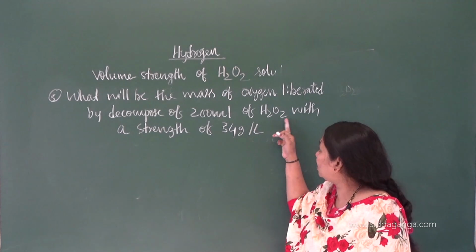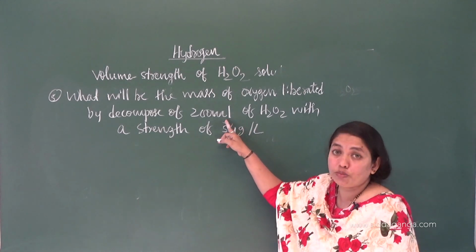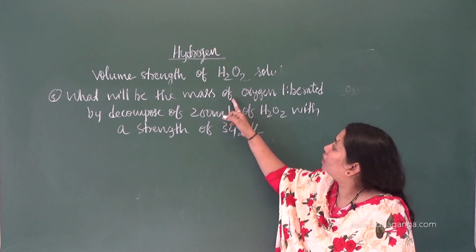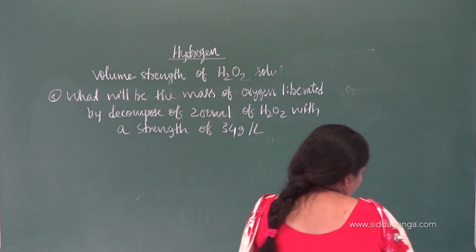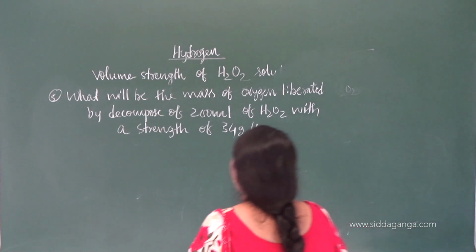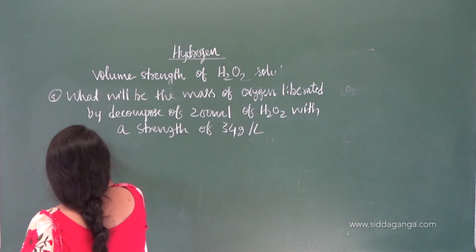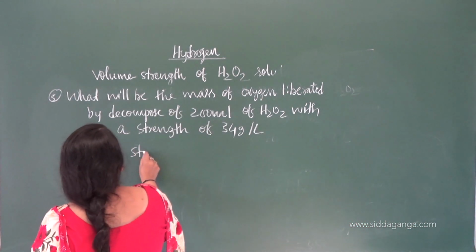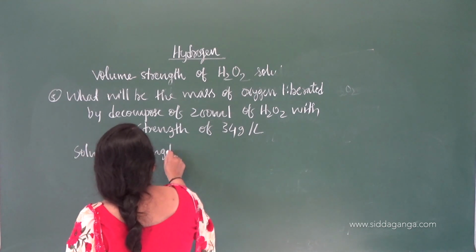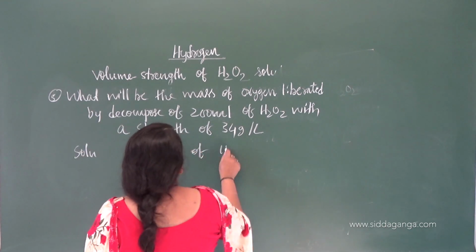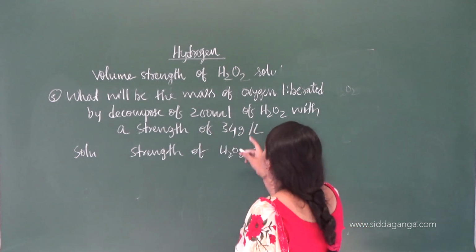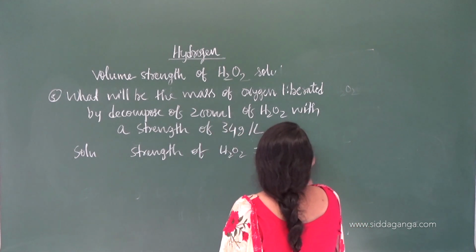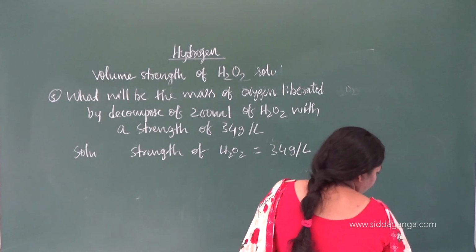They have given the strength of hydrogen peroxide and the volume of hydrogen peroxide. You have to calculate what? Mass of oxygen. Again it is a little bit different. So they have given a solution. Strength of H2O2 is equal to how much? That is 34 grams per liter, right?